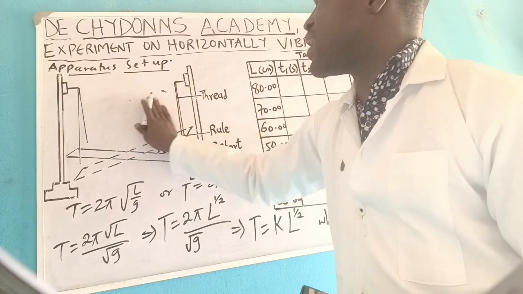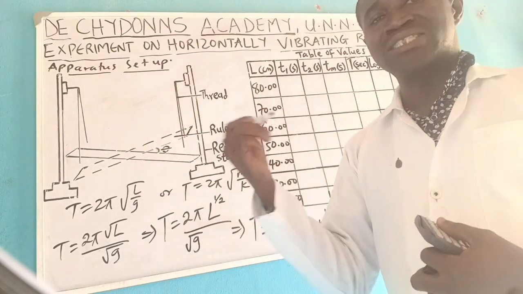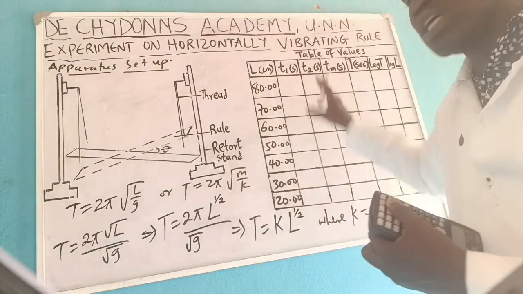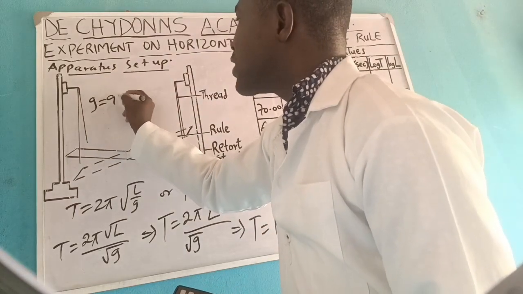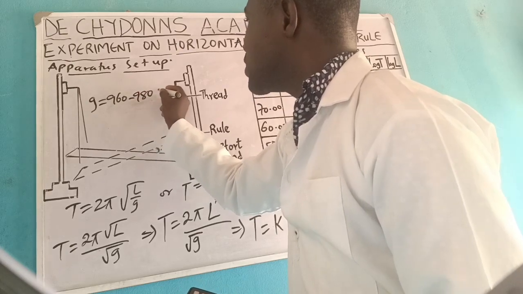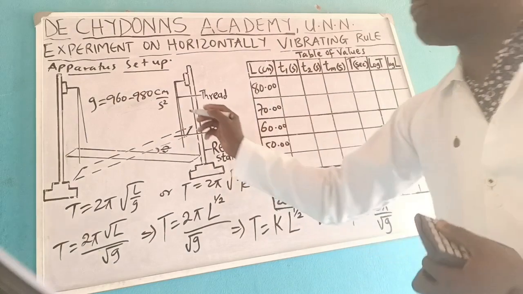Let's write it clearly. The value of g is taken to be 980 centimeter per second square, but the one you will be using in your manipulations ranges from 960 to 980 centimeter per second square. Please don't forget this information.